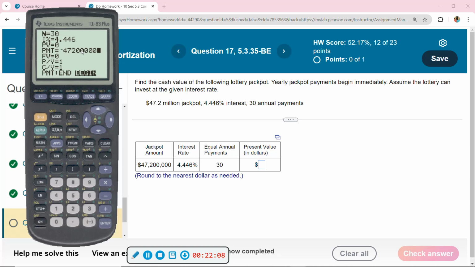Divided by 30, because there's 30 payments. At the end of the 30 years, 0, 1, 1, beginning. Okay. So let's go up. So here's how much you're getting a year. $1,573.33. And let's calculate that present value. Alpha, enter. So what's that present value?